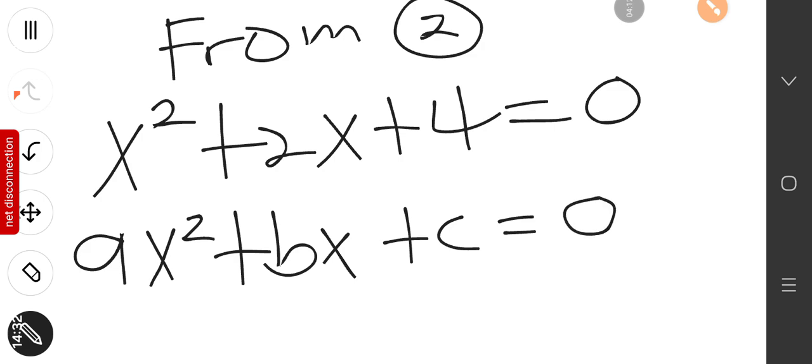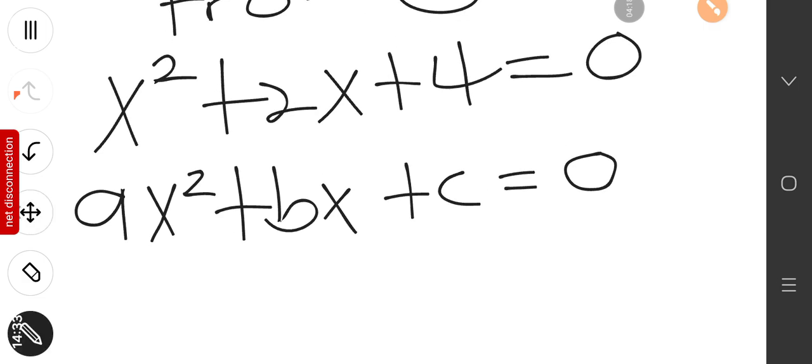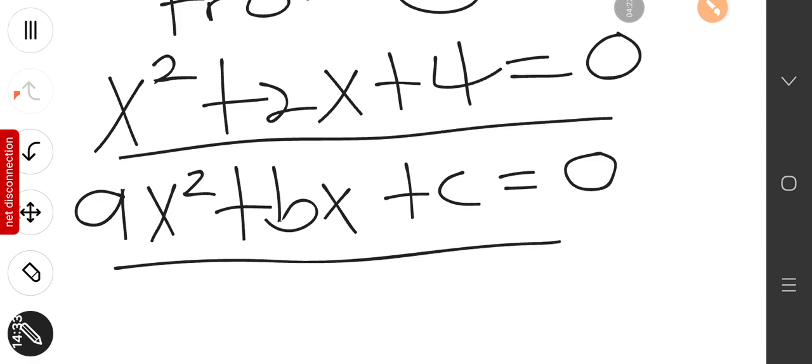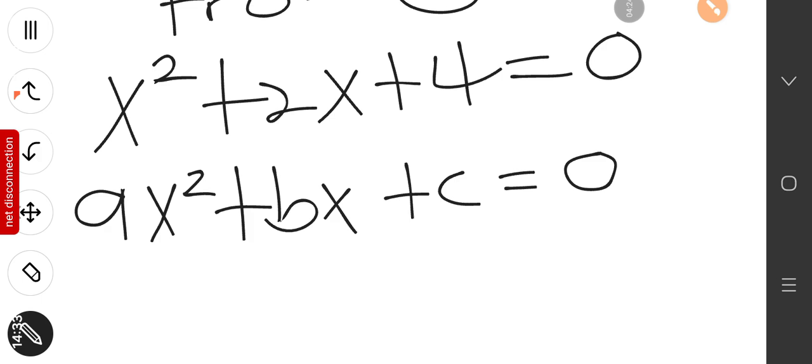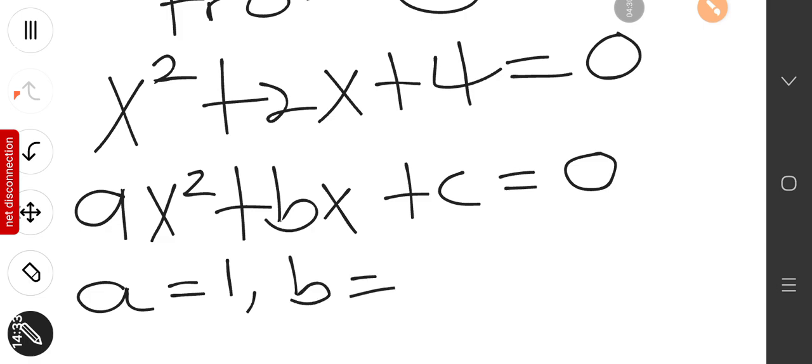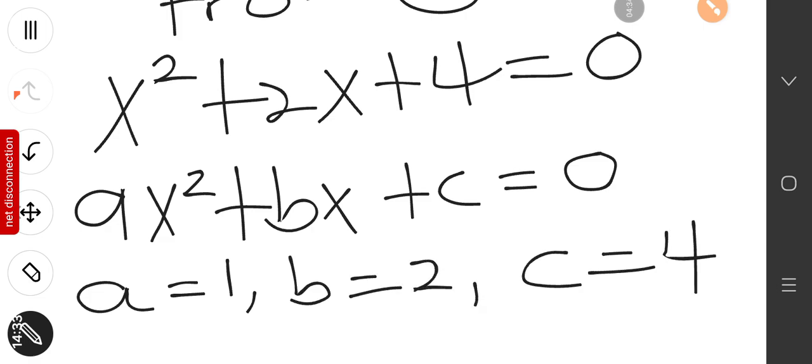Now let's compare this equation to our own equation. When we compare, you find out that a equals 1, b equals 2, and c equals 4.